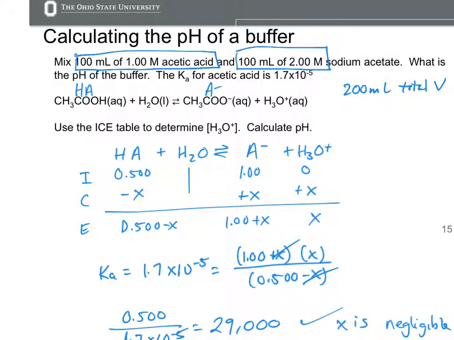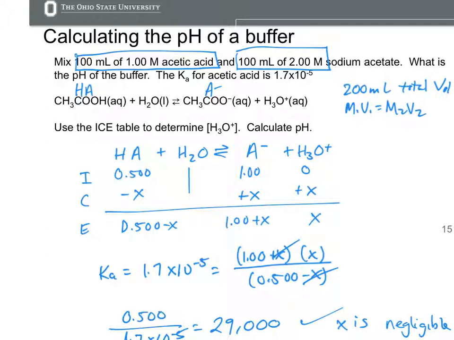Okay. So now we need to figure out, using the dilution equation, the final concentrations of acetic acid and sodium acetate. Does that help, or do you need more? Okay. Other questions?